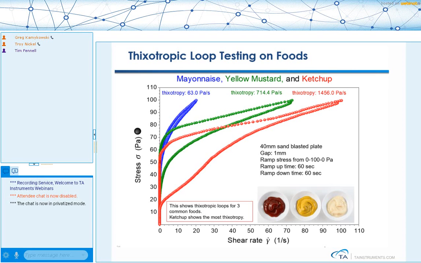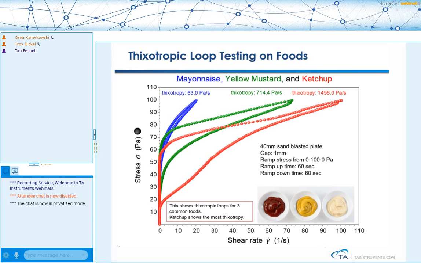So we have these structured fluids, and they lose their structure when flow is imposed upon them. One way we can measure the amount of damage that's done is to do either stress ramp up, stress ramp down, or we could do a rate ramp up, rate ramp down test.